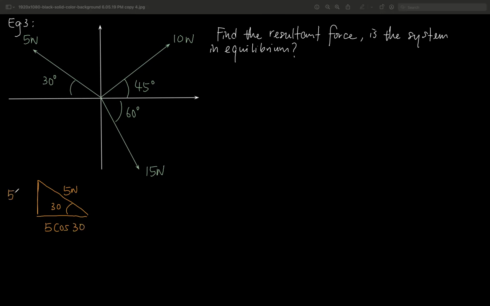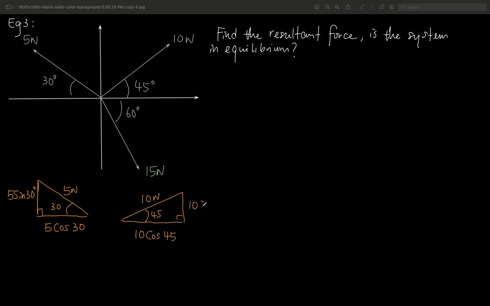This one, 5 sin 30. The 10 Newton, resolve separately. 10 Newton, with 45 degrees and 90 degrees here. So this one is what? 10 cos 45.